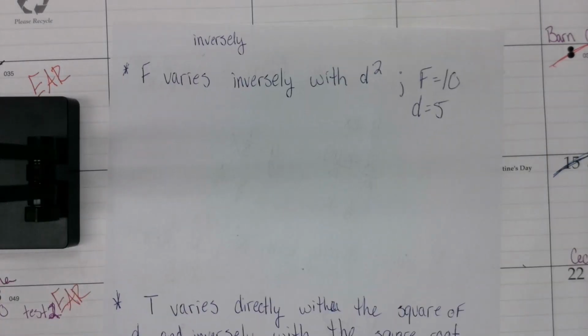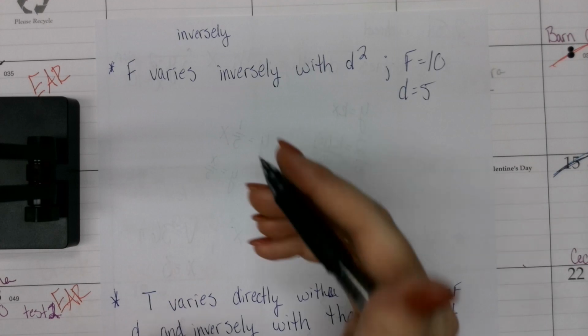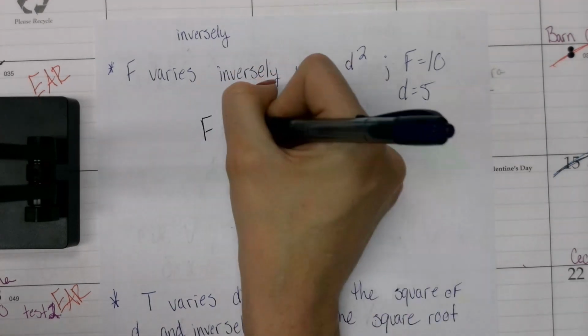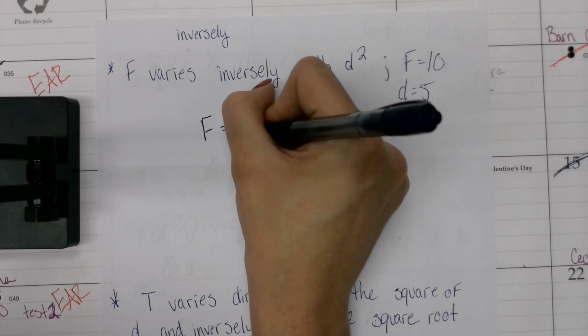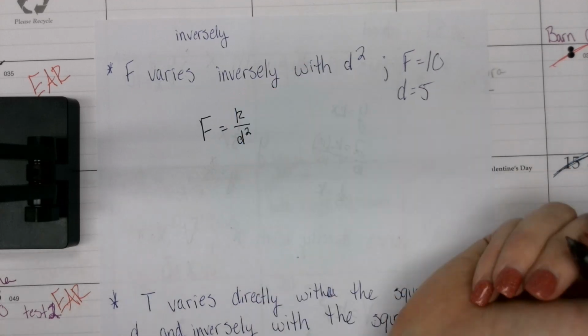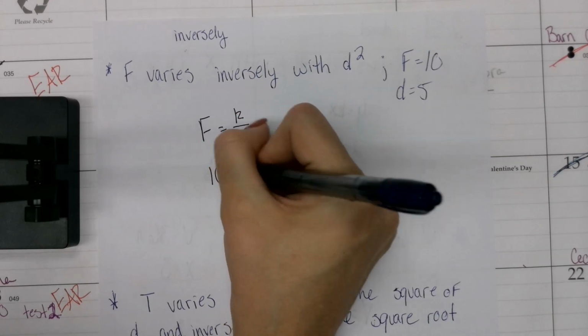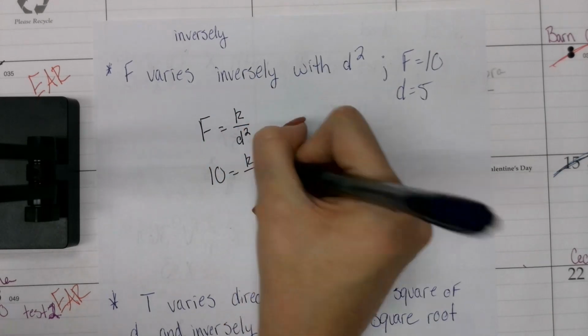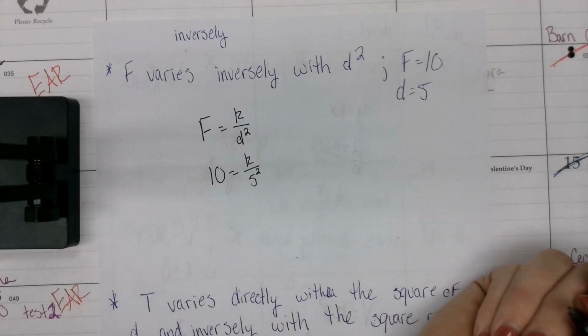The back of this page is inverse. F varies inversely with d squared, so f equals k over d squared. F is 10, so I have 10 equals k over d squared, and d is 5, so 5 squared.